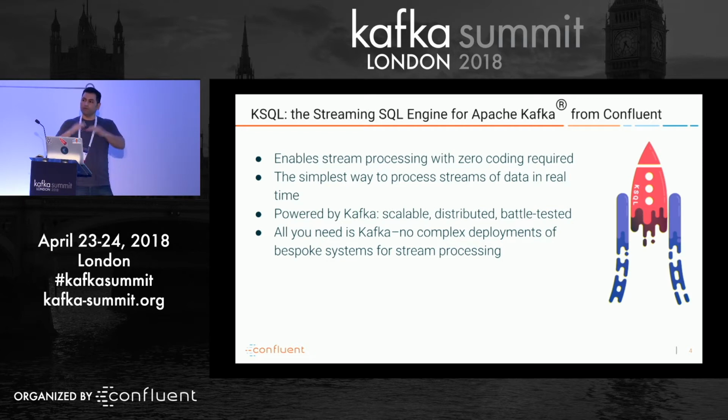It runs on top of Apache Kafka and Kafka Streams and inherits all of those good properties that they have. It's scalable, it's battle-hardened, because Kafka is battle-hardened, and it provides a really easy way of expressing your applications without thinking about the details of how the application is going to work in Apache Kafka.